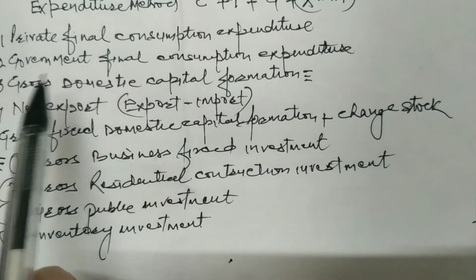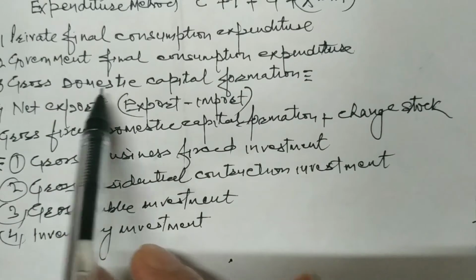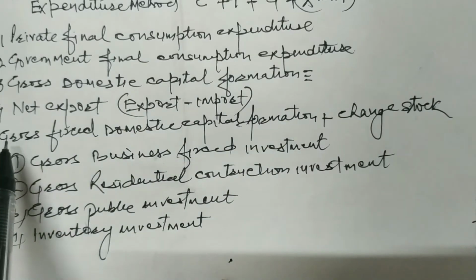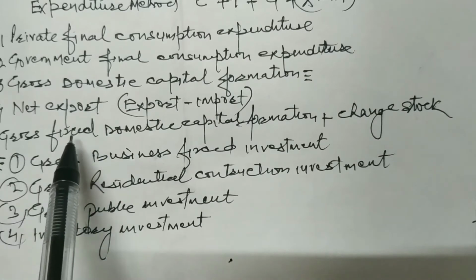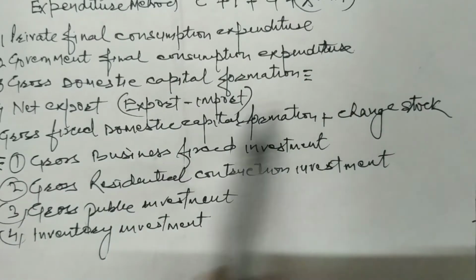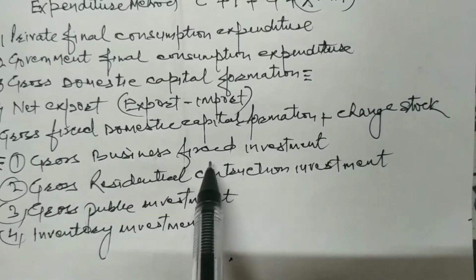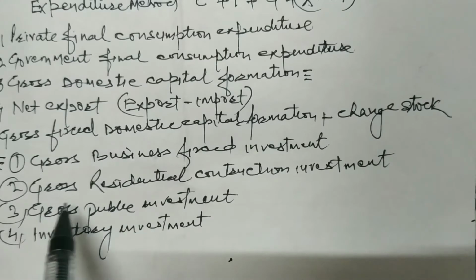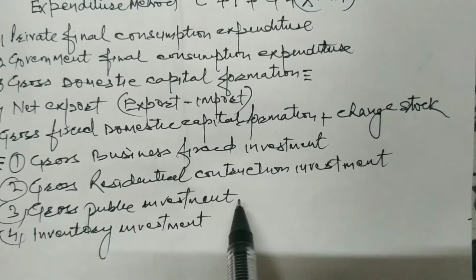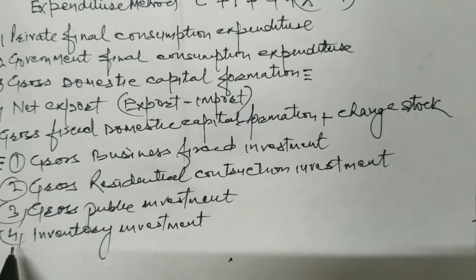That either we are having the value of gross domestic capital formation or the value of gross fixed domestic capital formation plus change in stock, or these 4 values: gross business fixed investment, gross residential construction investment, gross public investment and inventory investment.